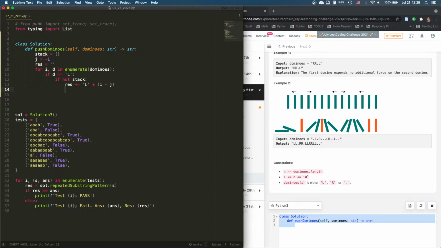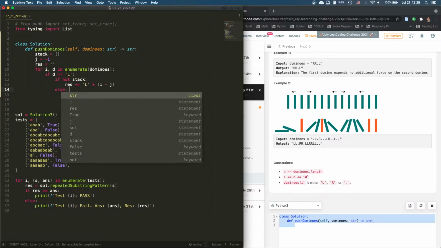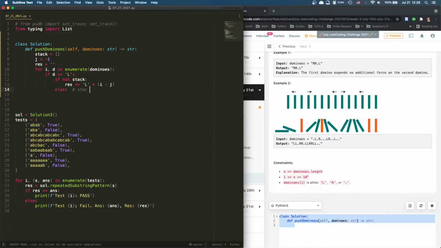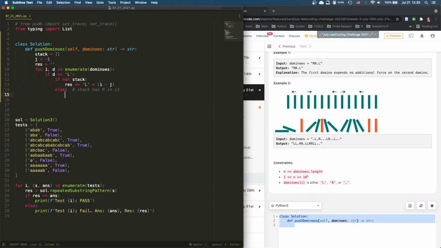So if not stack, we're gonna do this. Else, which means stack has R in it, then we have a right-left pair. That's the pair.